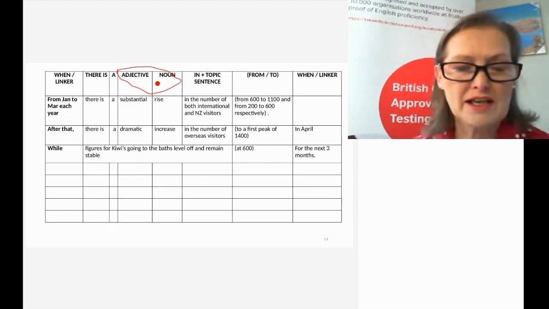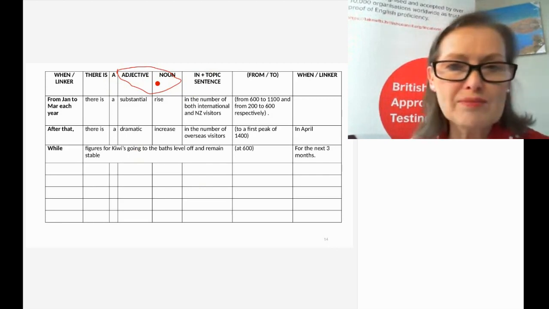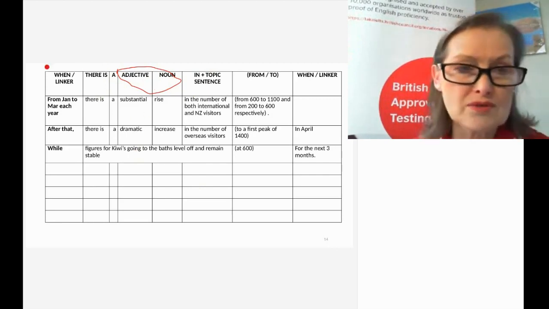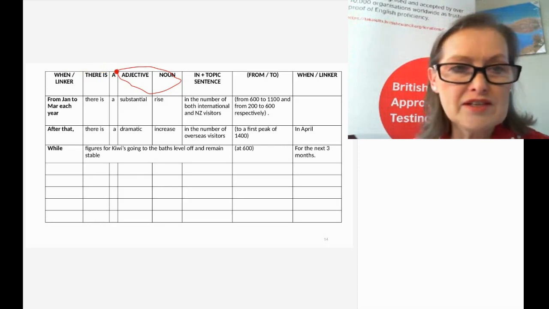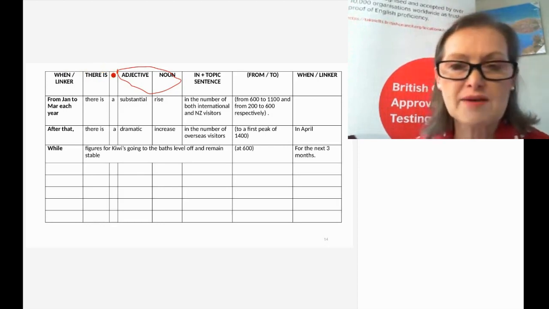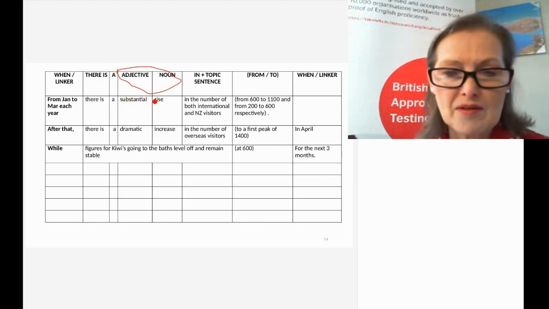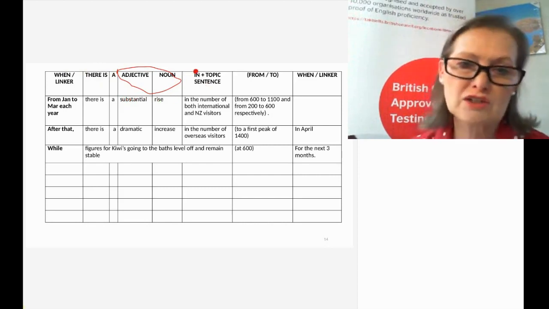So once again, with my adjective noun, we're going to use there is, or there was, or there were, there are, there is a substantial rise, and we need to include this little word in, the number of both international and national visitors.